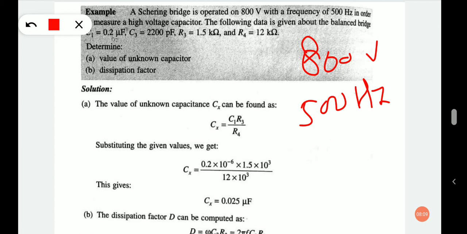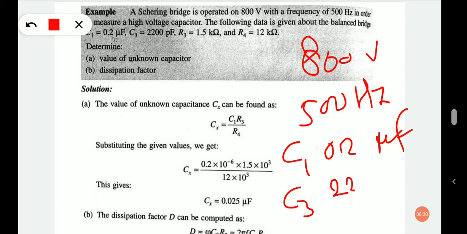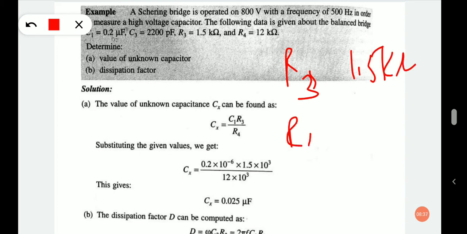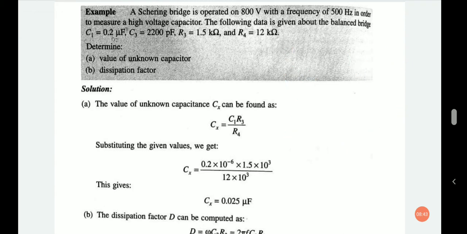The following data is given about the balanced bridge: C1 is 0.2 microfarad, C3 is 2200 picofarad, R3 is 1.5 kilo ohm, and R4 is 12 kilo ohm. So here we have to determine the value of the unknown capacitor and the dissipation factor.